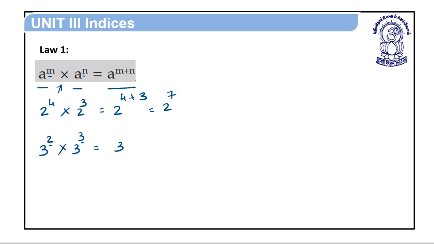Multiplication, so addition. 2 plus 3 is equal to 3 raised to 5.